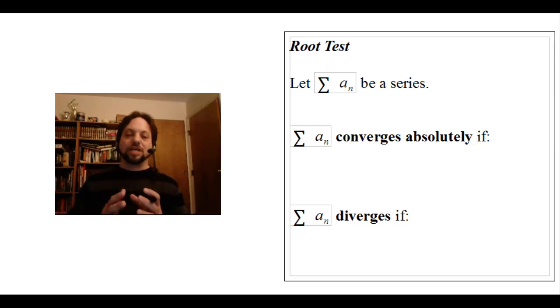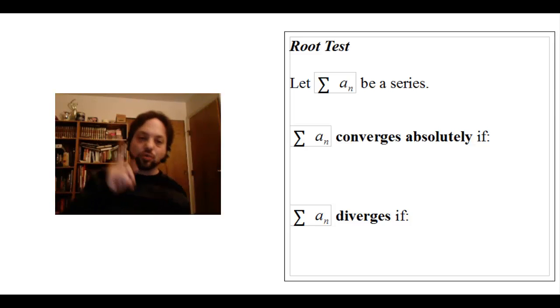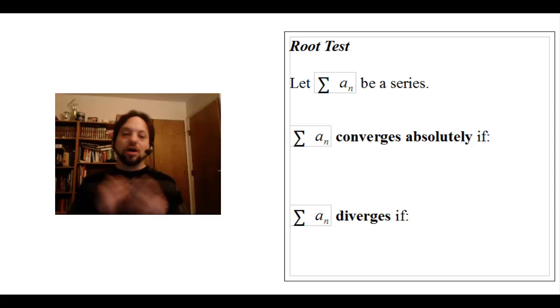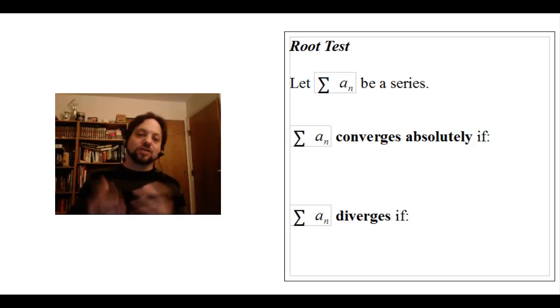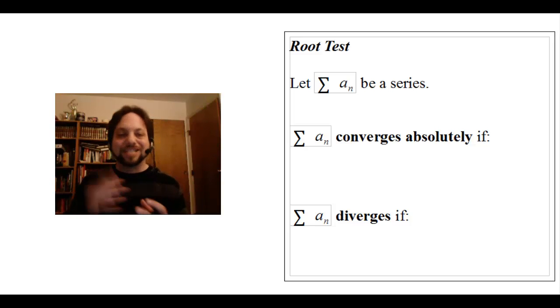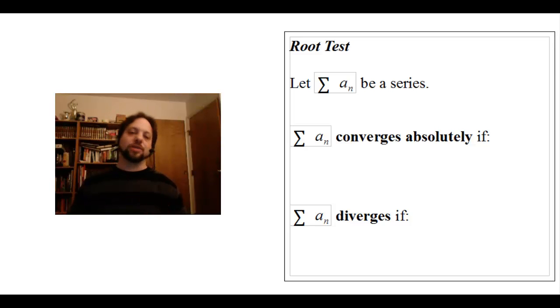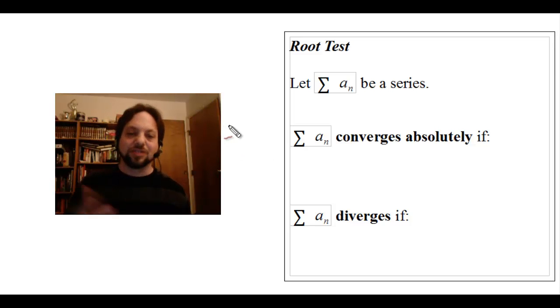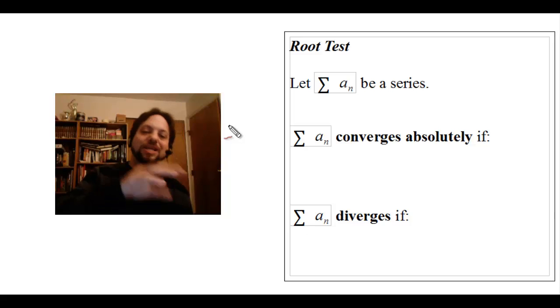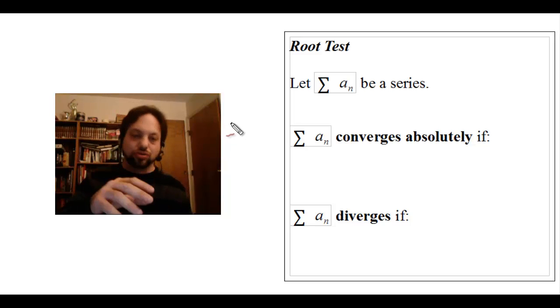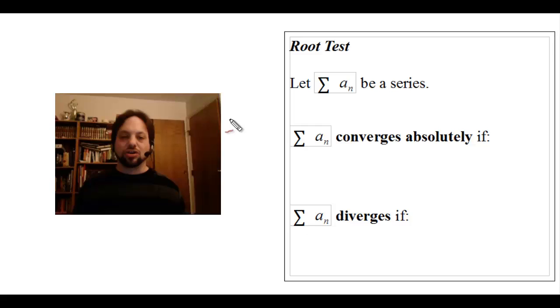We use the root test when we find a series in which all the terms of the sequence are raised to some exponent. Of course, the root is the inverse of the exponent, and so we'll use that to cancel the exponent out, essentially. And then we'll determine if the expression underneath the exponent itself is growing or shrinking, and that'll tell us a lot about the terms and therefore about the series itself.